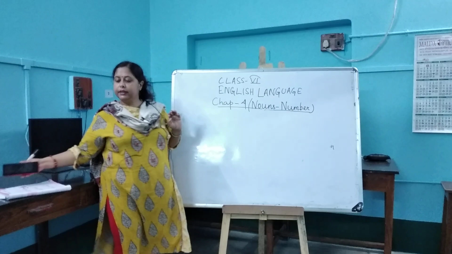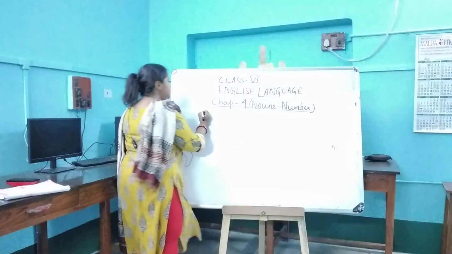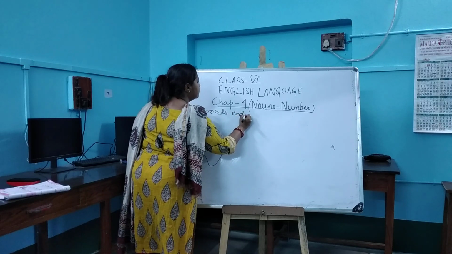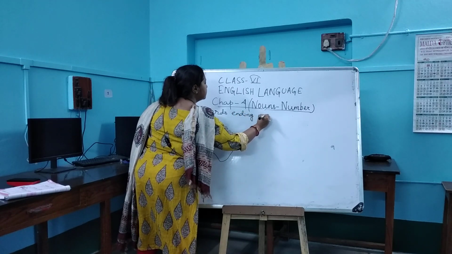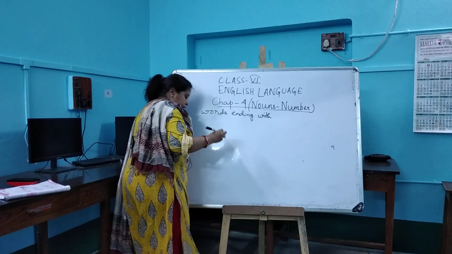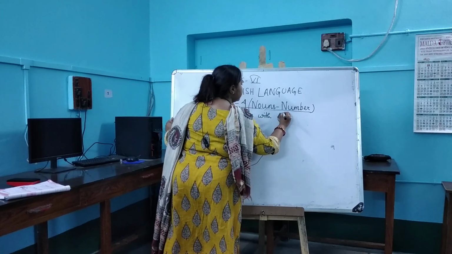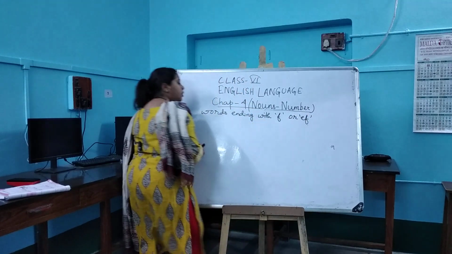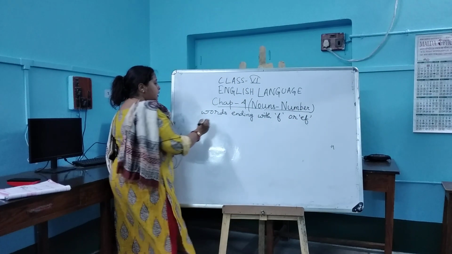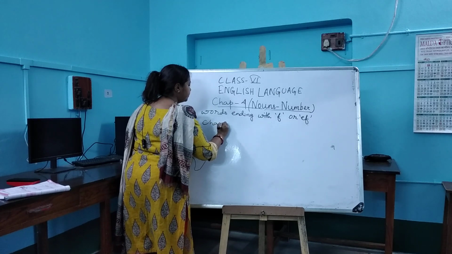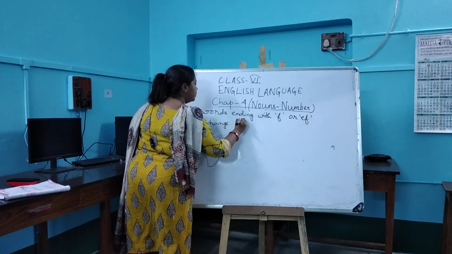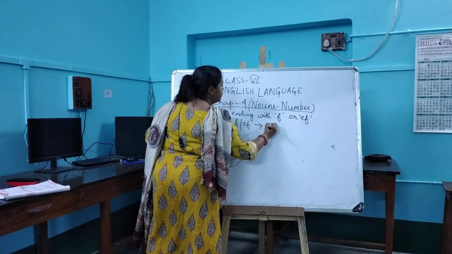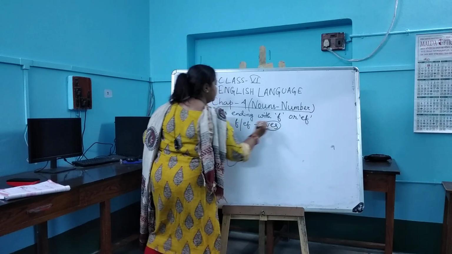Words ending with f or fe, how do they form the plural from the singular? We change the f or fe to ves in this form.